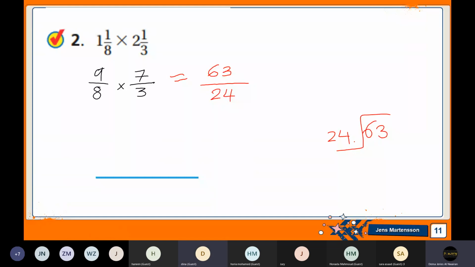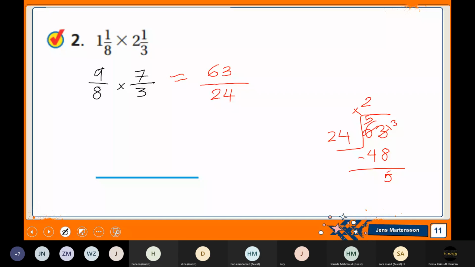It will be 2 times 24 is 48. Then subtract: 63 minus 48, 13 minus 8 equals 5, and then 5 minus 4 equals 1.